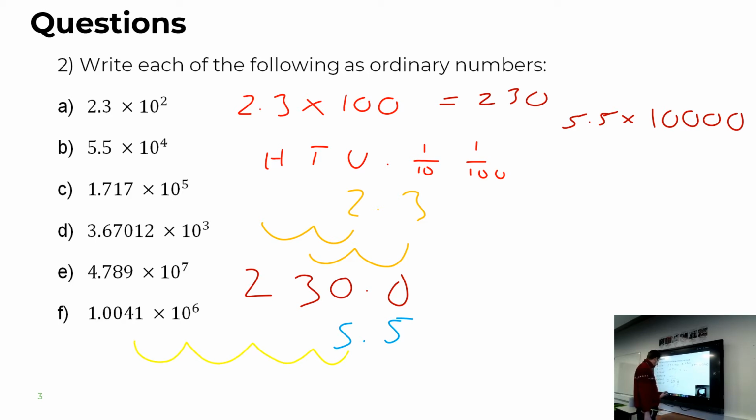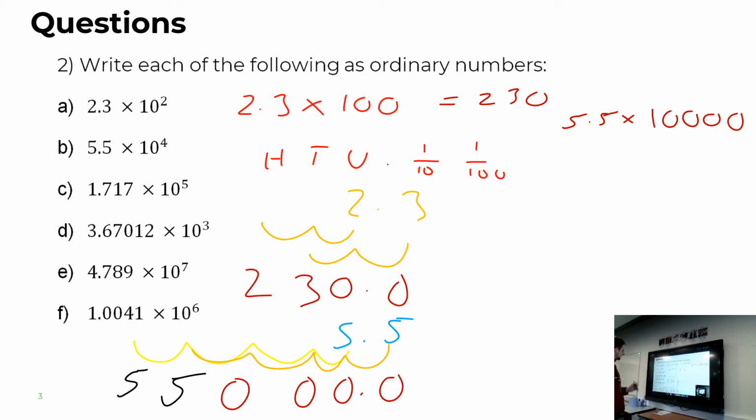So let's put our numbers. This will be 5. This will be 5. So everything is moved 4 places. And then we just fill in the rest with zeros. So this is going to be 55,000.